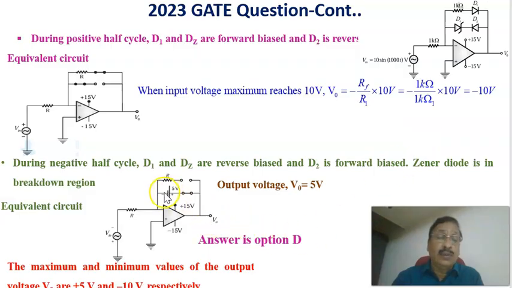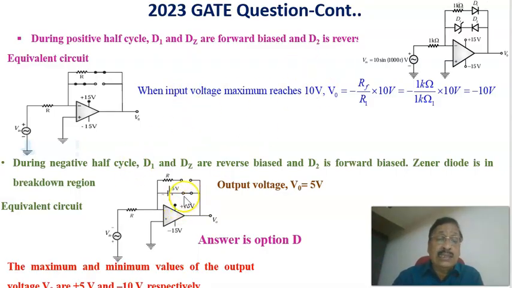Of course, this is forward biased, that is shorted, and since this is reverse biased, it is open circuited, and therefore this is the equivalent circuit during the negative half cycle of the input.